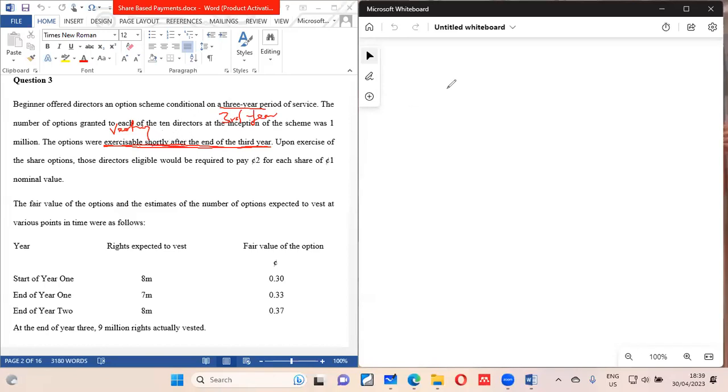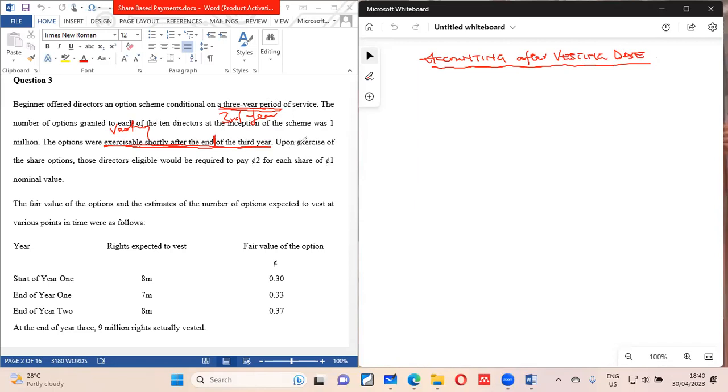And so what we are looking at is what we call accounting after the vesting date. That is what we are looking at. So you could see that they exercised it shortly after the 3rd year, but the vesting date is the end of the 3rd year.